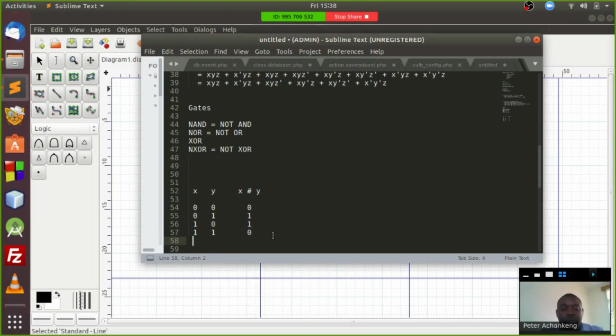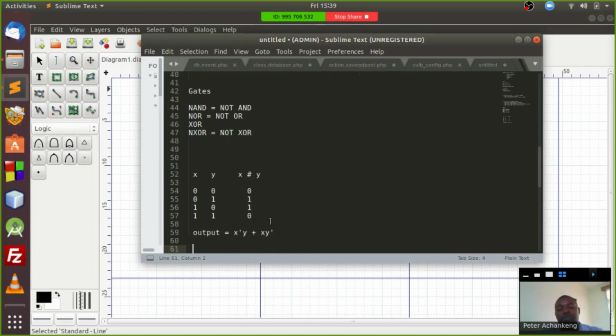So the output is actually x prime times y, which is coming from the second term, and the next output, from this one, is plus x times y prime. So we're saying that exclusive OR x or y is equivalent to x prime y plus x y prime. And you should know that this expression is in disjunctive normal form.